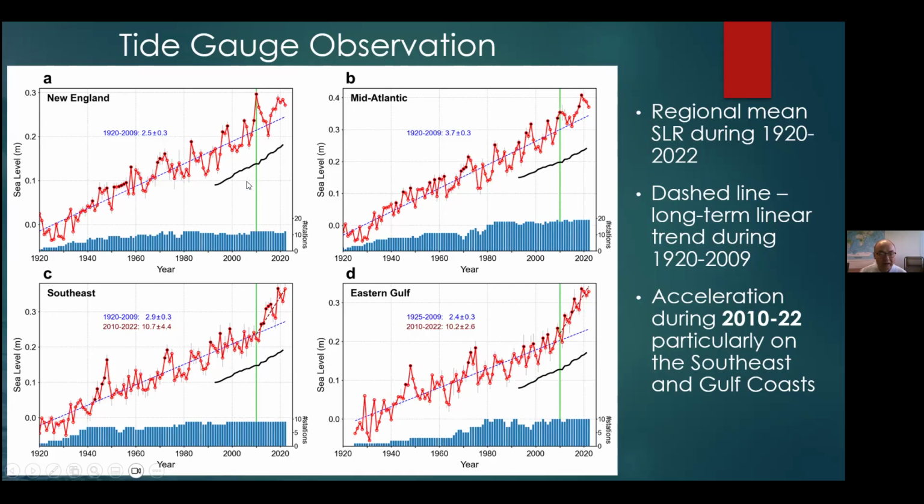The black curve is the global mean sea level rise from the altimetry data. The rise rate during the satellite era is about 3.2, 3.3 millimeter per year for the global mean sea level rise. So global mean sea level falls short to explain the recent acceleration of sea level rise on the southeast and the Gulf Coast.